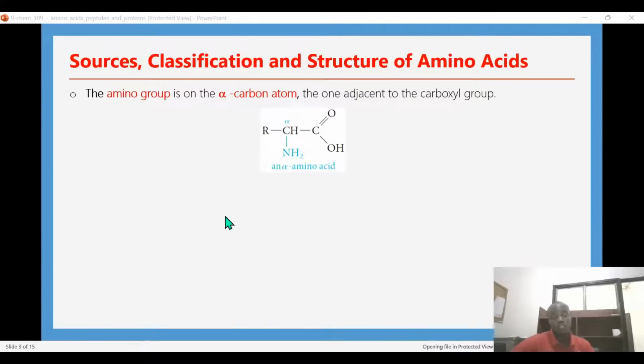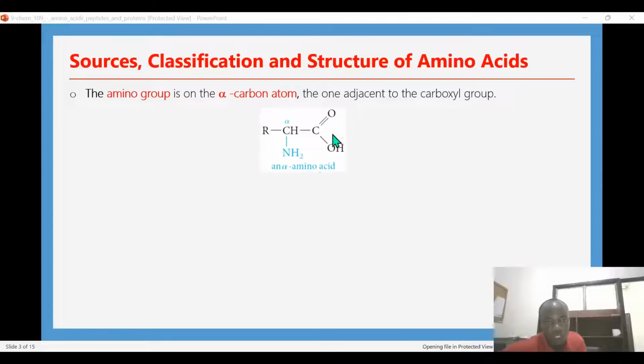One very interesting thing that we should understand is that there is what you call an alpha carbon. So what is an alpha carbon? An alpha carbon is a carbon that has four different groups attached to it. What are those four groups?